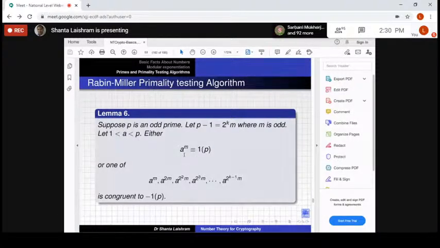Then either a power m is equal to 1 mod p, or one of the numbers a power m, a power 2m, a power 2 square m, and so on, up to a power 2 power k minus 1 times m, is congruent to -1 mod p. So given a prime p and any number a, one of these has to hold. This is what is used in the Miller-Rabin primality testing algorithm.